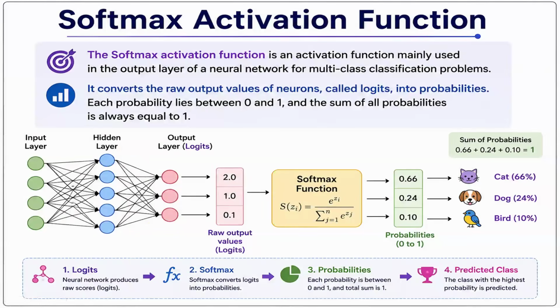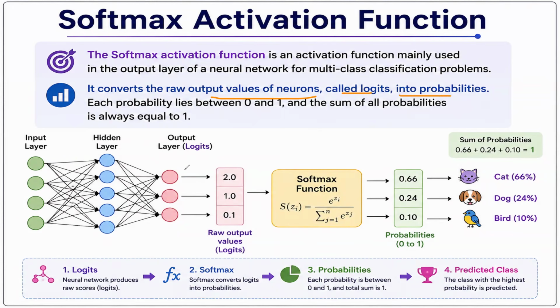So what is the softmax activation function? It is mainly used in the output layer of the neural network, while ReLU is used in the hidden layers. It is mainly used for multi-class classification problems. It converts the raw output values of neurons, called logits, into probabilities.